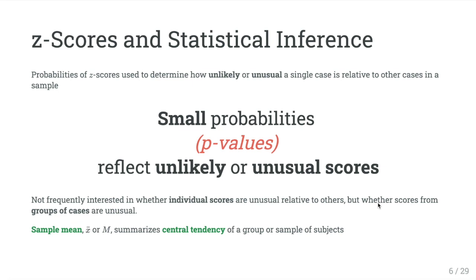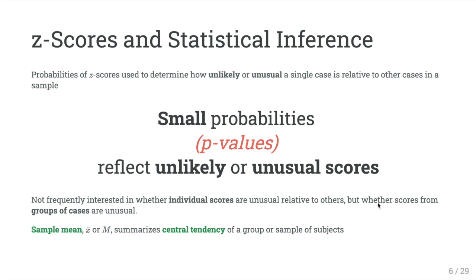And in fact, we could give an exact probability. We could say a score of 3 on a z-score or higher, the probability of that is really, really small. And if you remember the 68, 95, 99.7, higher than 3 standard deviations is like 1.5%.